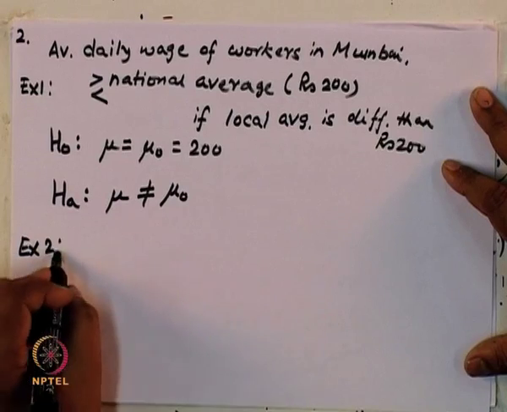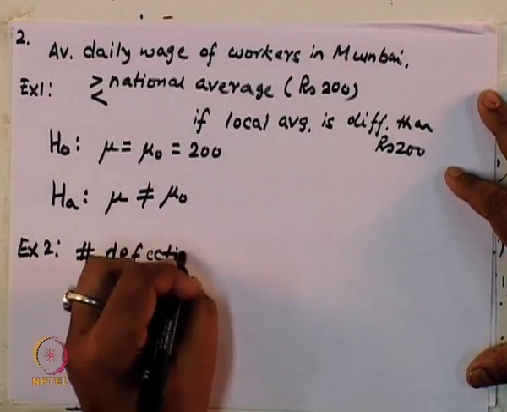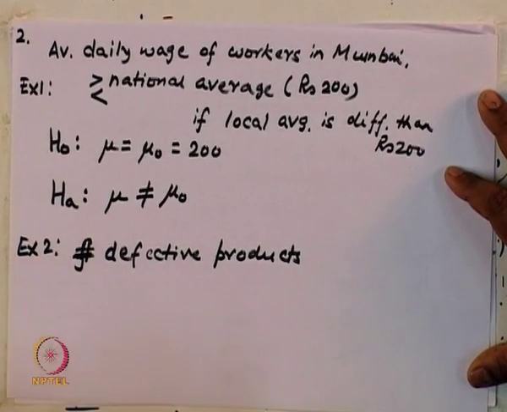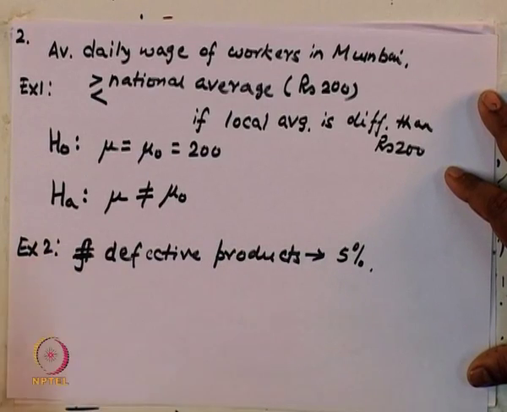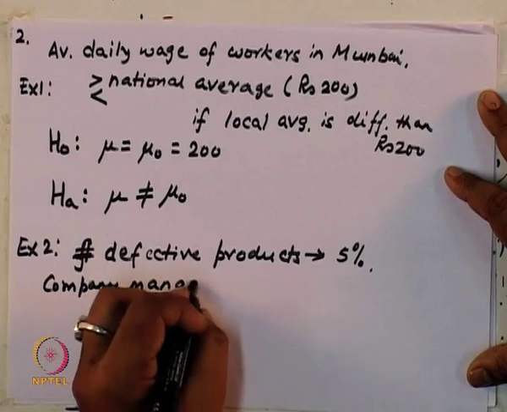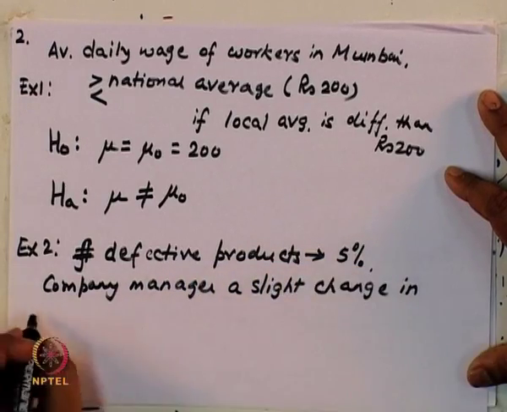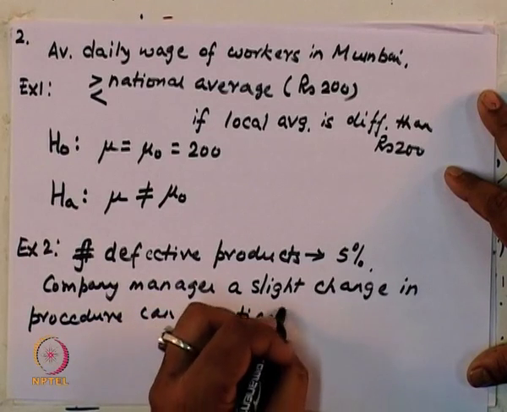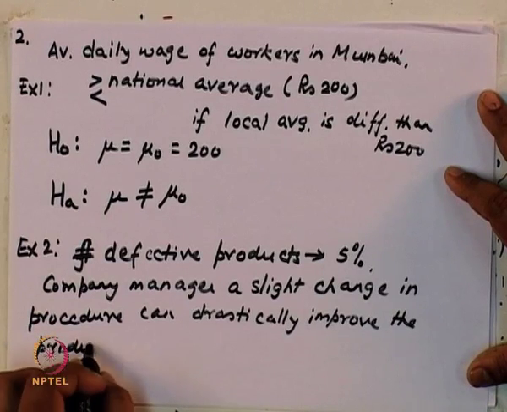You can have another example. Imagine the fraction of defective products made by a company in a particular line is roughly 5%. The company manager feels a slight change in procedure can drastically improve productivity.